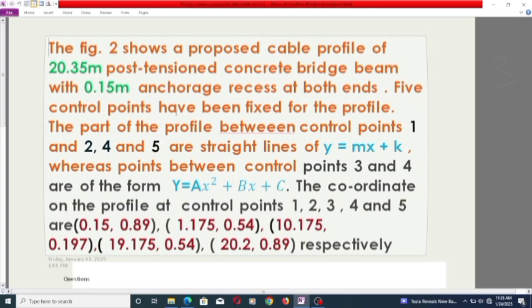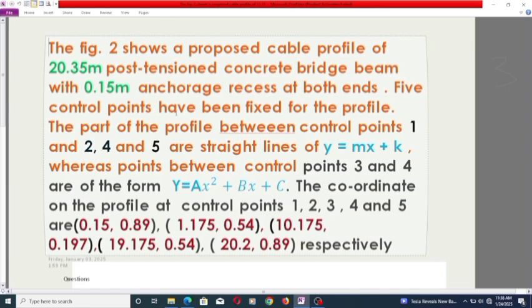It is very essential that the profile from the end of the beam to a distance of about 1.5 meters or less be taken as a straight line. So in this question we've been told that between control point 1 and control point 2 is a straight line, and we also have control point 4 to 5 as a straight line at the other end.